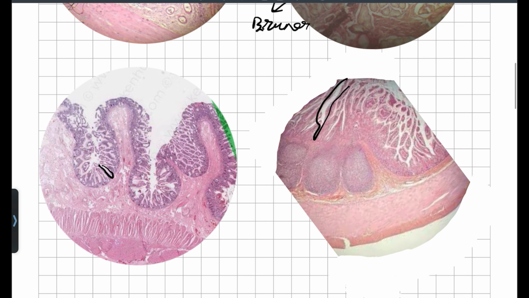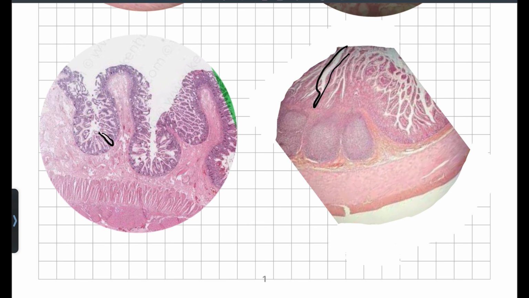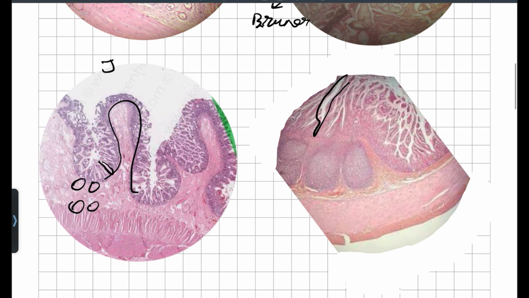Next we will go to the slide. It also has deep projections inside, and it also has finger like projections. And as we can appreciate, there are no glands and there are no lymphatic follicles. So it is a slide of a jejunum. Next, as we can identify, we here have deep processes, and below that we have lymphatic follicles or Peyer's patches.